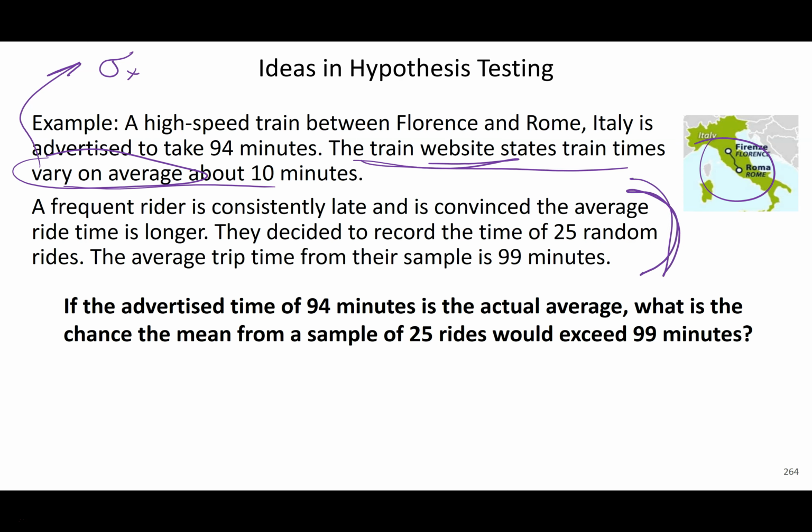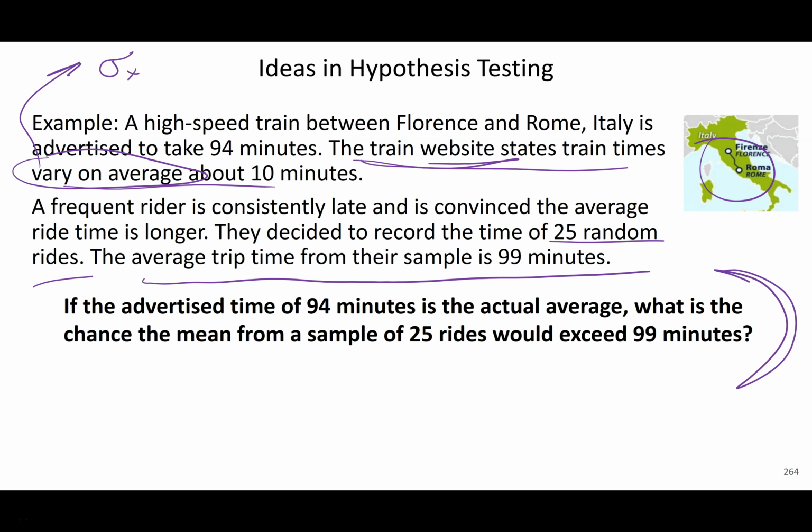Now here's where it gets interesting. We have a rider that takes this train to work all the time, and they don't believe it's 94 minutes. They feel like they're late. So they randomly select 25 ride times. I'm not sure what kind of times of day that looks like. When they take those 25 random rides, the average trip time for that sample is 99 minutes.